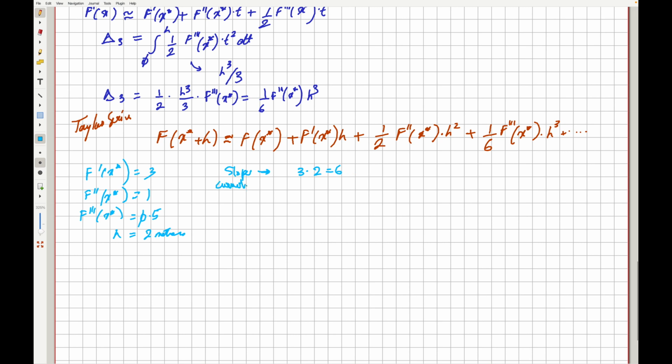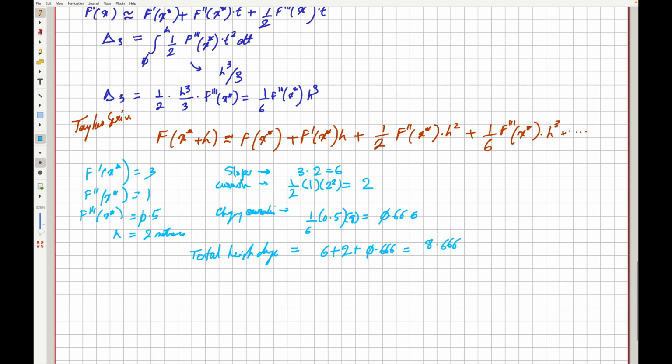Using the curvature we get 1 by 2 times 1 times 2 squared, that gives us 2. And changing the curvature gets us 1 by 6 times 0.5 times 8 is equal to 0.666. So the total height change is equal to 6 plus 2 plus 0.666, that equals 8.666 meters.